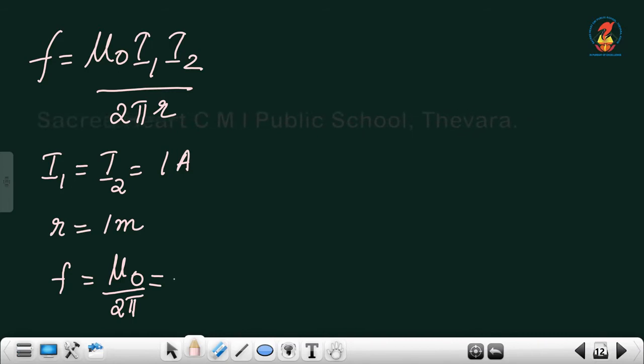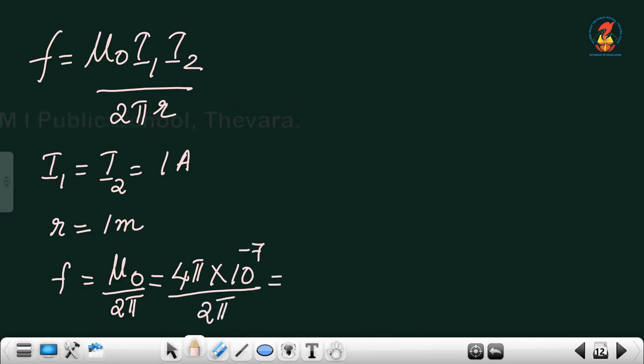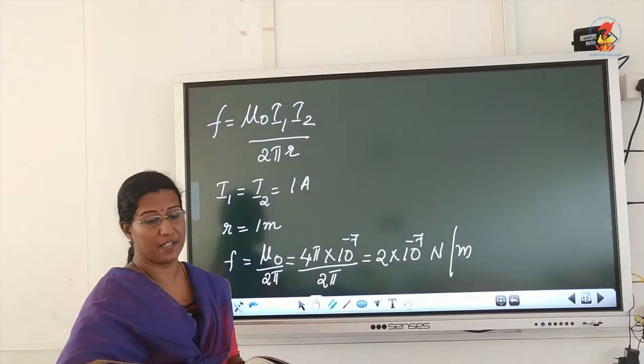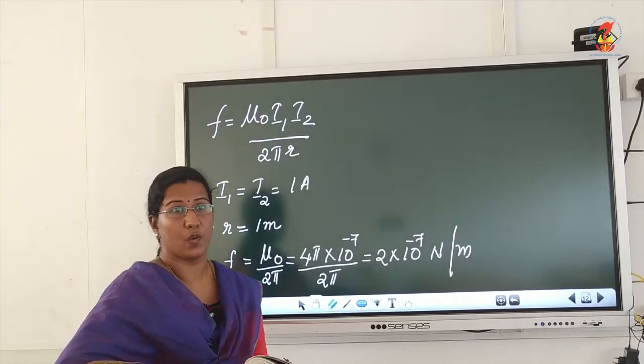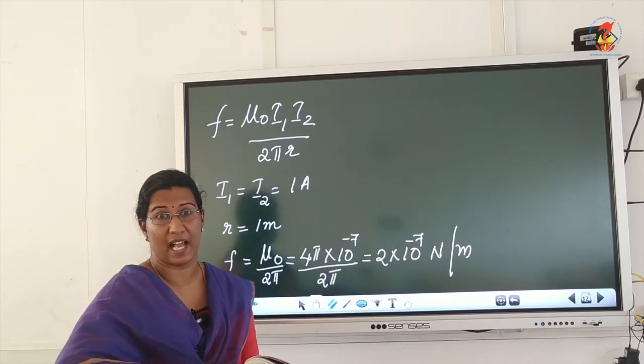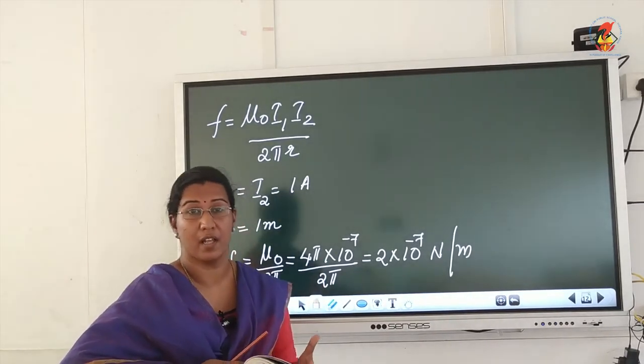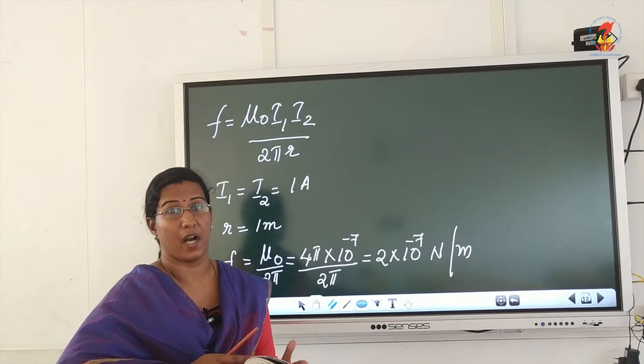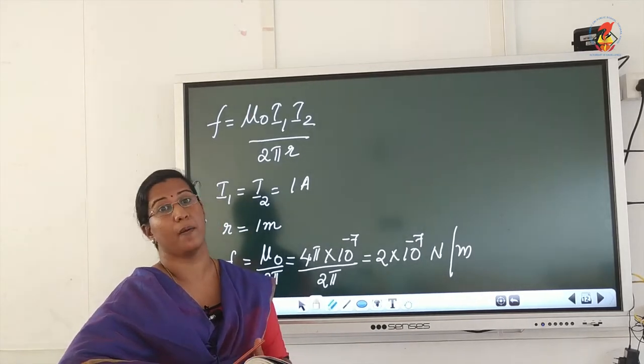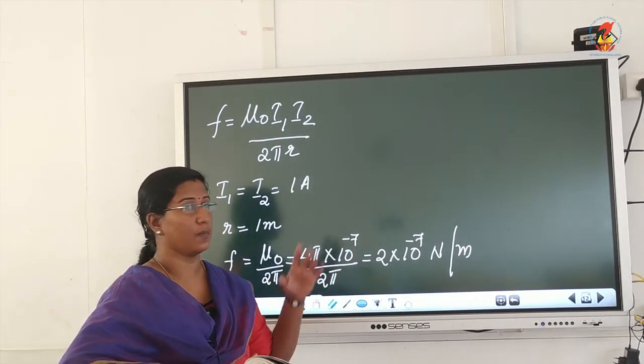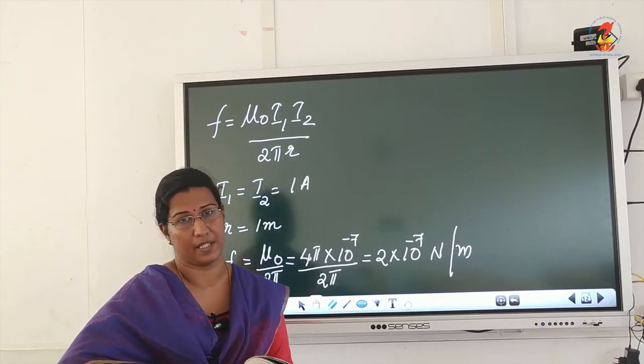On substituting the value, mu 0 by 2 pi we get the answer as 2 into 10 raised to minus 7 Newton per meter. So, 1 ampere is defined as a steady current which flows through two parallel conductors having current in the same direction, when placed 1 meter apart, experiences a force of 2 into 10 raised to minus 7 Newton per meter.